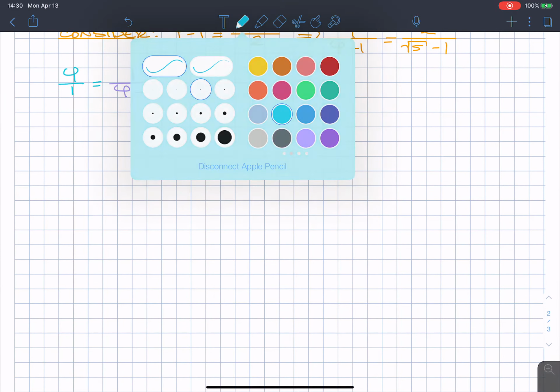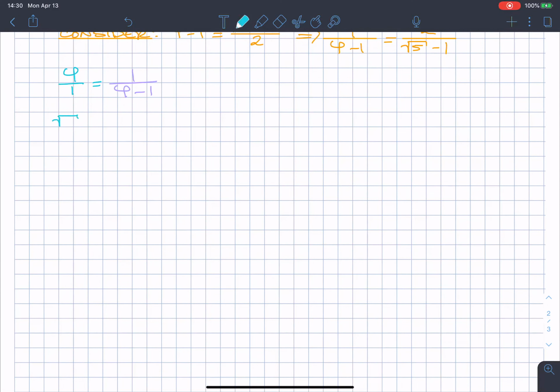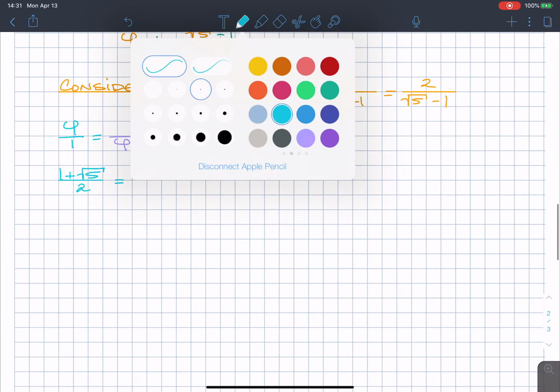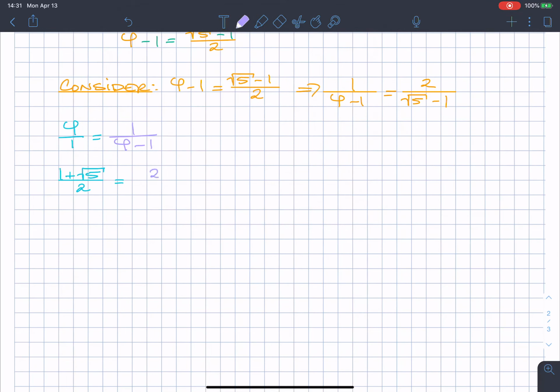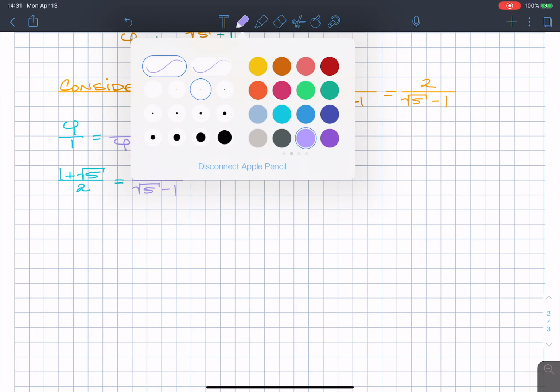Okay, so I have 1 plus the square root of 5 all over 2. Is that equal to 2 divided by the square root of 5 minus 1? Is that the same thing? Question mark.